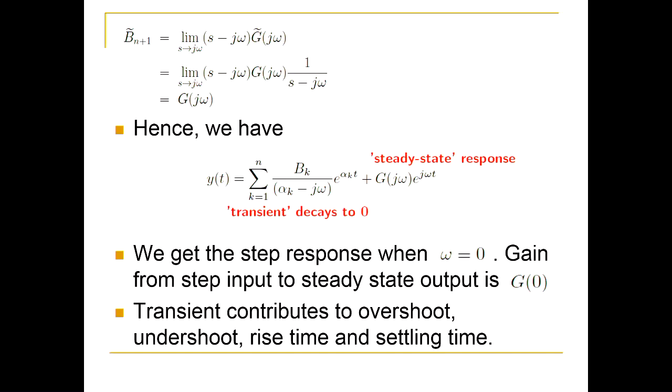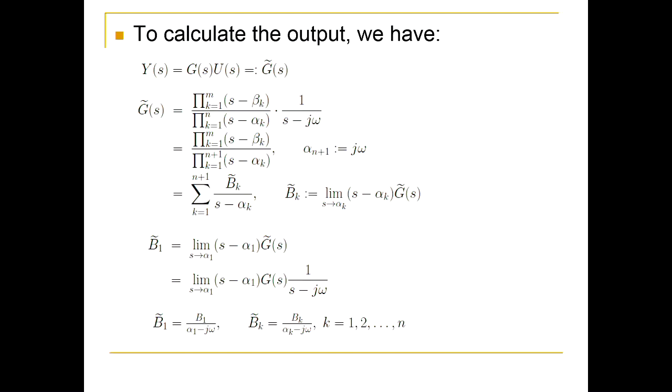Now I have to plug in the formula for residue for this case, but now this s minus j omega and s minus j omega would cancel, because I'm looking for the residue with respect to the j omega pole that is due to the input. Those two things cancel, and what I end up with is just G evaluated at j omega. And what is G? G is the original transfer function, so G is the transfer function of your plant, right?